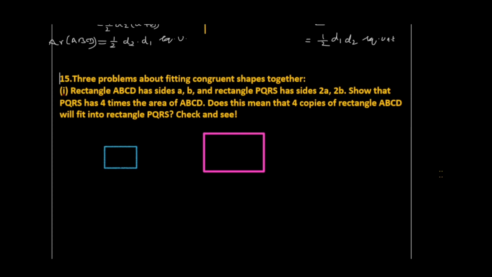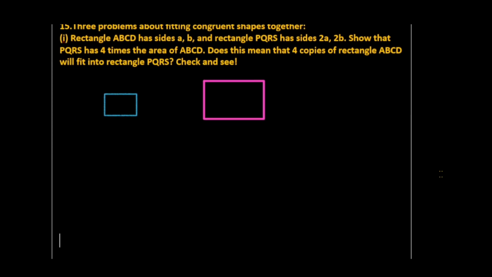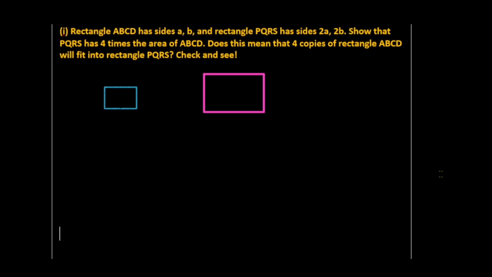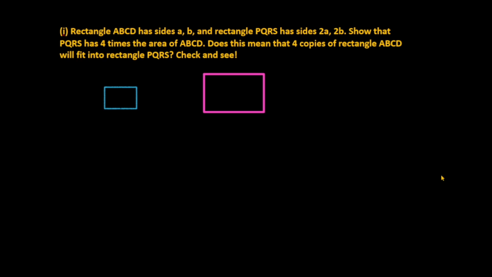Now, 15th question. 3 problems are fitting concurrent shapes together. The first one, rectangle ABCD has sides AB. So, take this rectangle ABCD, sides AB. So, this side is A, this side is B, here also A, B. So, area AB.